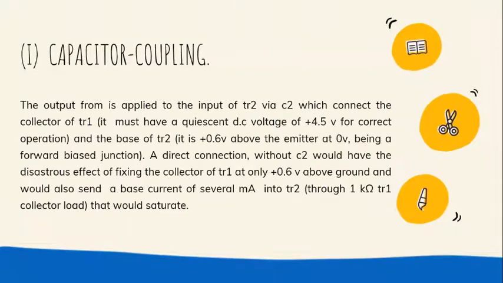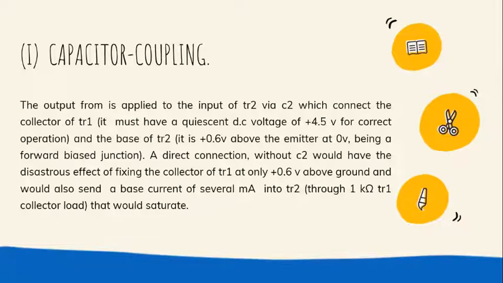capacitor coupling. The output from TR1 is applied to the input of TR2 via C2, which connects the collector of TR1. It must have a quiescent DC voltage of plus 4.5 volts for correct operation, and the base of TR2 is plus 0.6 volt above the emitter at 0 volt.